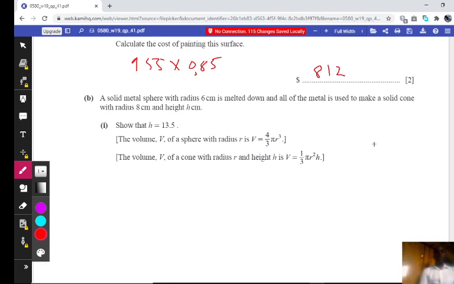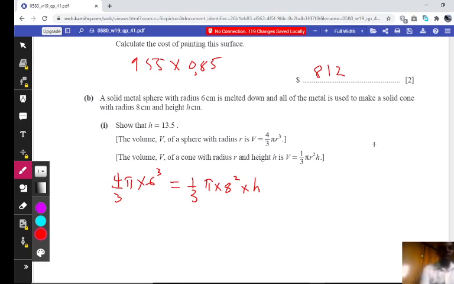What's the volume of the sphere? We are given the volumes here, 4 over 3 pi r cubed. So you say 4 over 3 pi times radius 6 cubed is equal to the volume after, that is the volume of the solid cone. This one, the volume is 1 over 3 pi r squared h. You say 1 over 3 pi times radius of the cone 8 squared times the height. We're not given the height, so just use h in this case. Right.